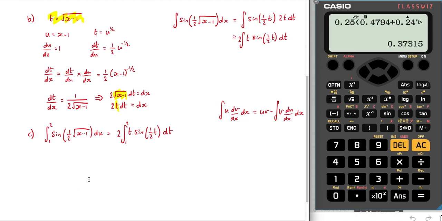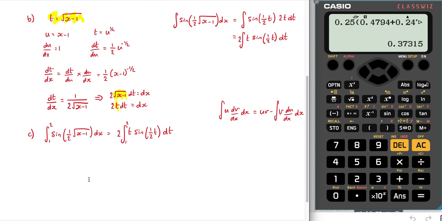Okay, so what do we want? Well, one of our functions is going to get integrated and one of our functions is going to get differentiated. So we either have t or we have sine of a half t. We want the one that we differentiate to become easier, and t becomes easier. That's the one you always pick unless you've got an ln in there.